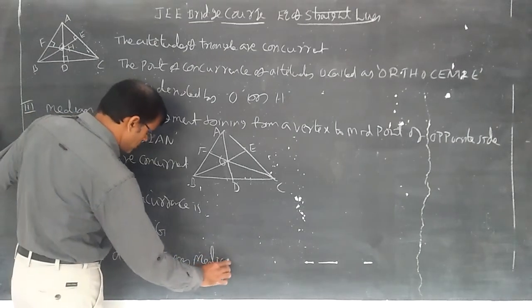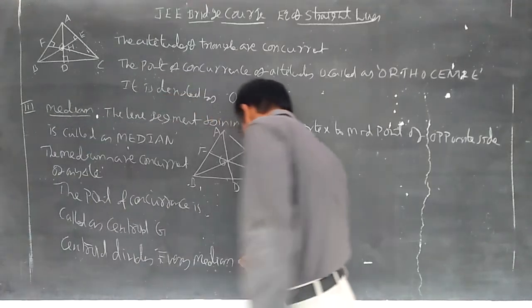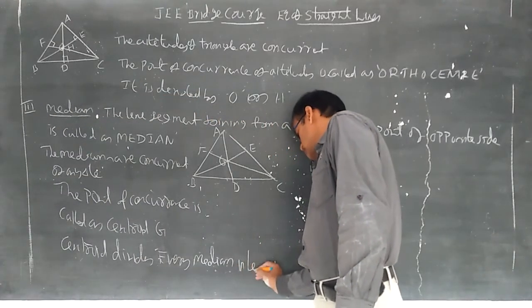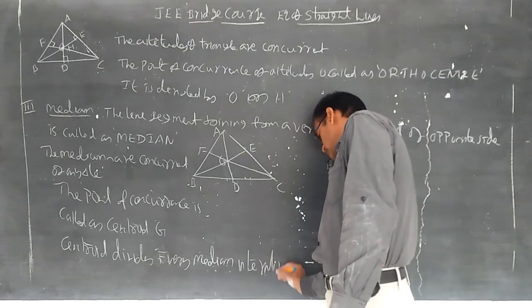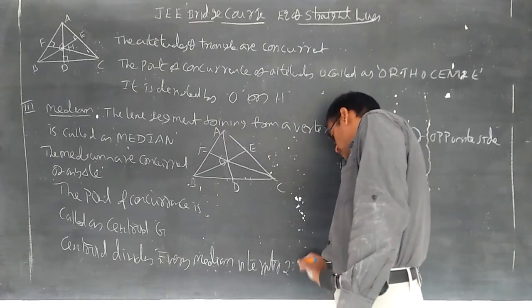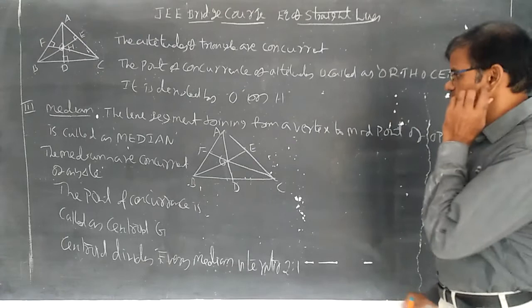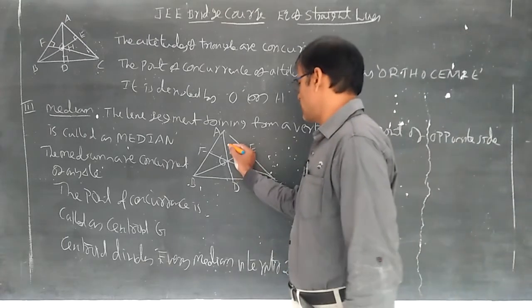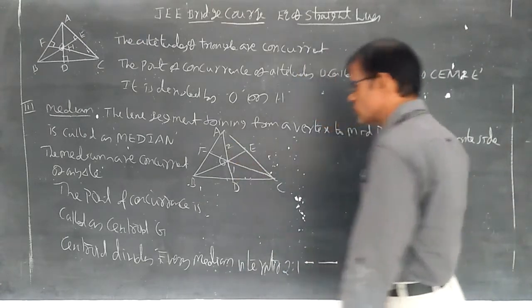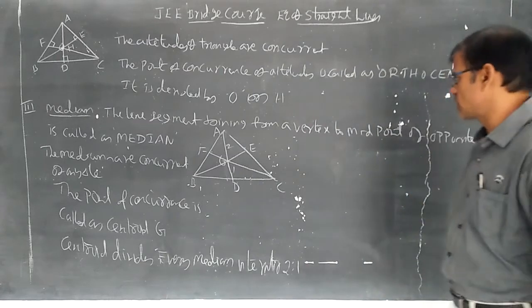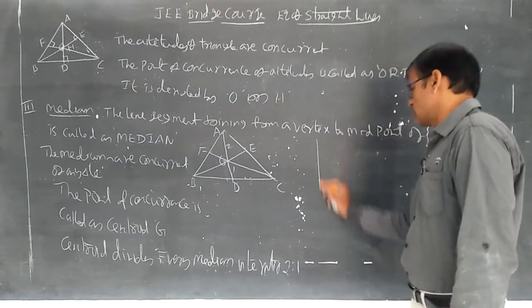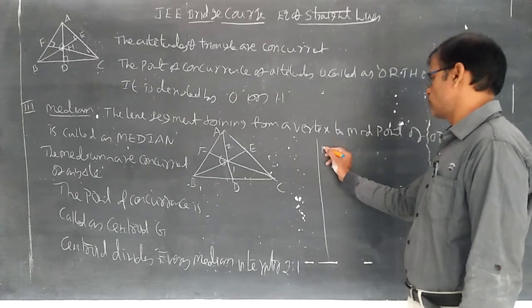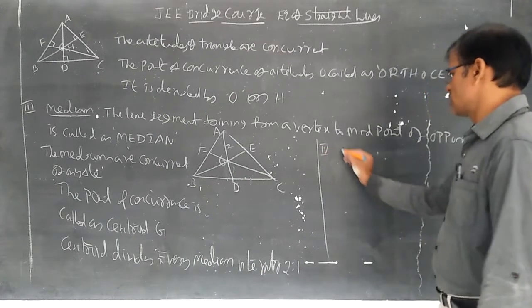This is all theory which you have learned in 9th and 10th. The centroid divides every median in the ratio 2:1 internally. That is the internal ratio. Next, the fourth concept.